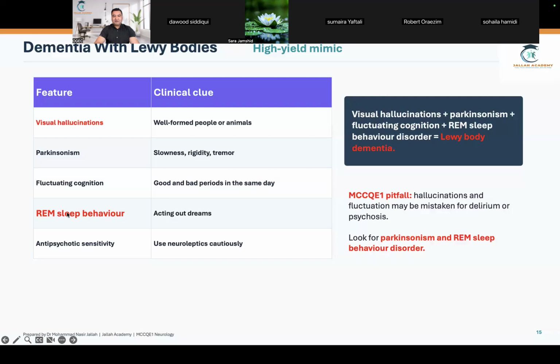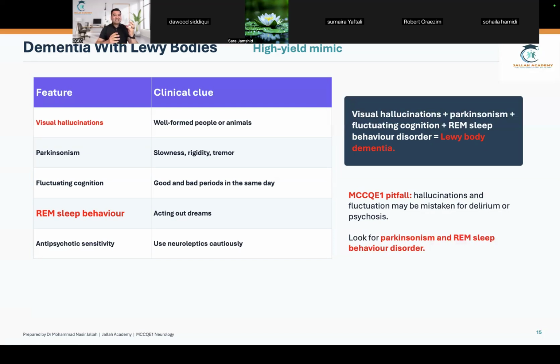Another thing is REM sleep behavior, acting out in dreams. So, they might mention this as acting out dreams. Antipsychotic sensitive, or neuroleptic caution. I cannot insist enough on this part: you need to know that Lewy body is a combo of dementia, visual hallucination, Parkinsonism, REM sleep disorder, and another characteristic finding is that it is very sensitive to antipsychotics.